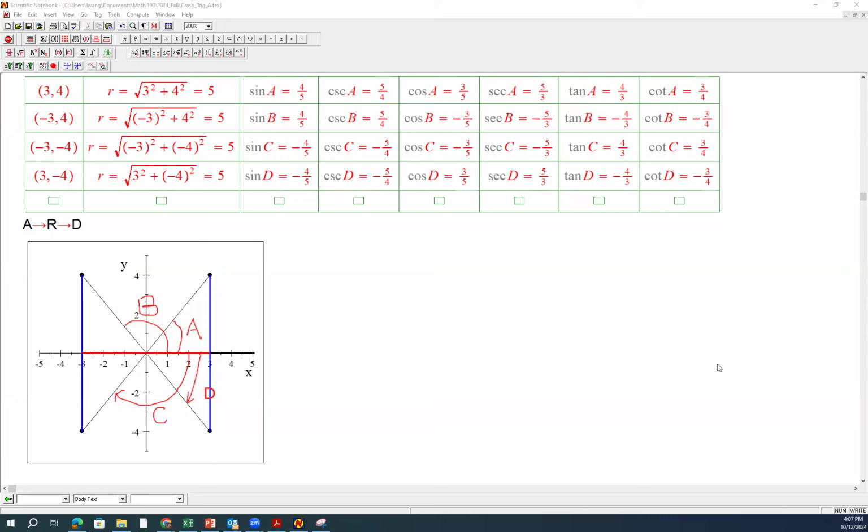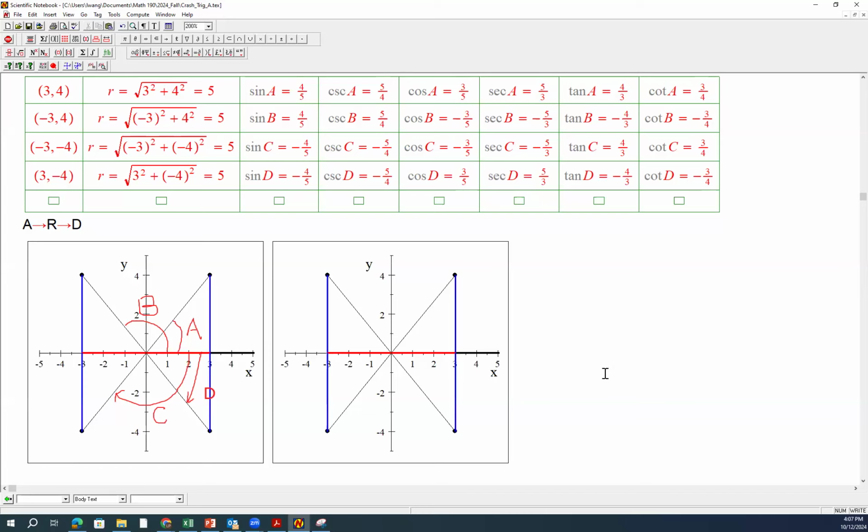So let me do this. I'm going to copy this picture to the next. When the terminal is in the first quadrant, all the functions have a positive ratio. Positive ratio, okay?